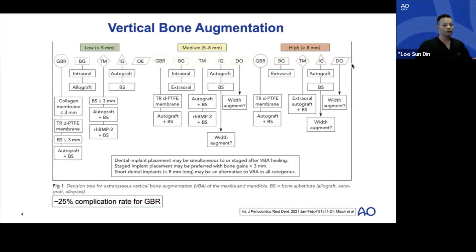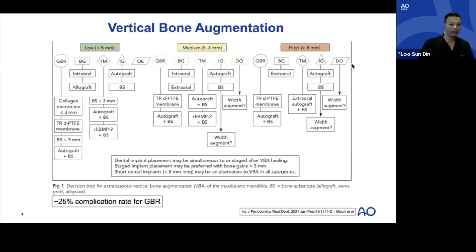Misch et al. created a decision tree and split it into 3 broad categories: low, where it's less than 5 millimeters of vertical bone augmentation, medium, and high. He based it on the extra-osseous bone height that we hope to create.